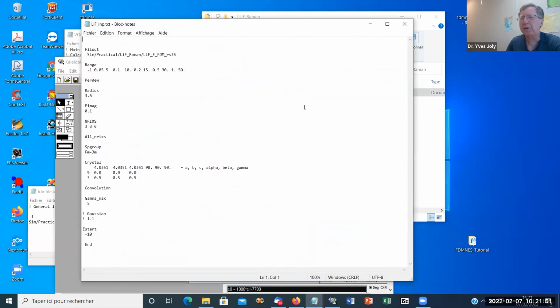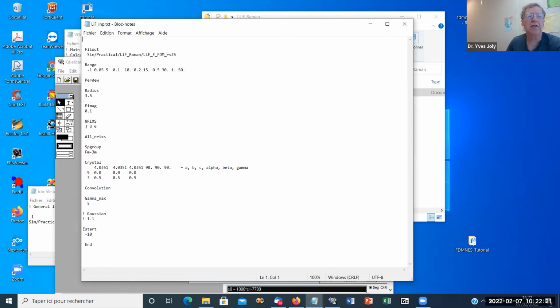Do you make some Raman spectroscopy? If you do Raman spectroscopy, it's the same in the data file, but there is a keyword. It's for non-resonant inelastic X-ray scattering. And after, it's all the same. In fact, you have to define the value of Q, the moment of the transitions.